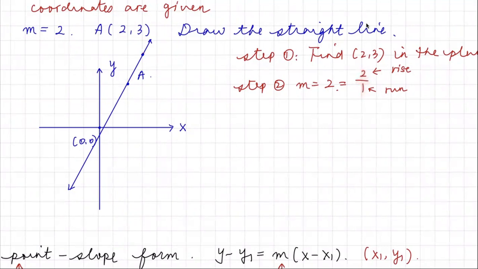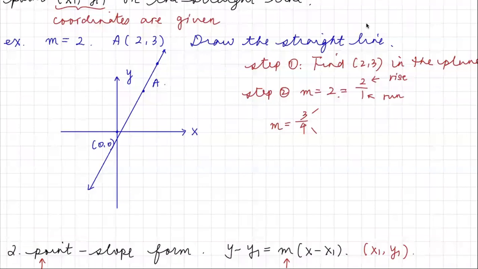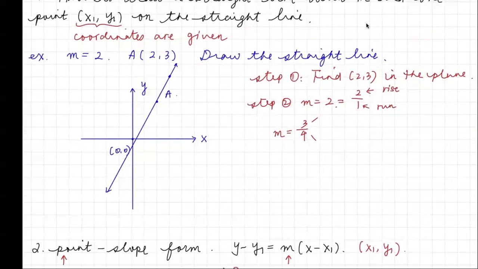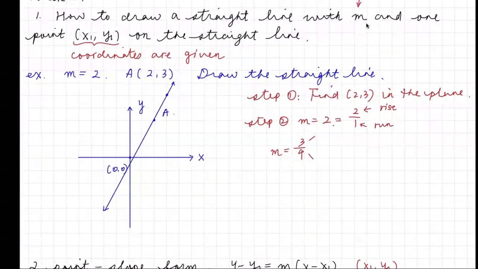If it's a fraction, for example 3/4, then you don't need to change it, because you already know the rise is 3 and the run is 4. So this is the first thing we learned: how we draw the straight line if we're given the slope and 1 point on the straight line.